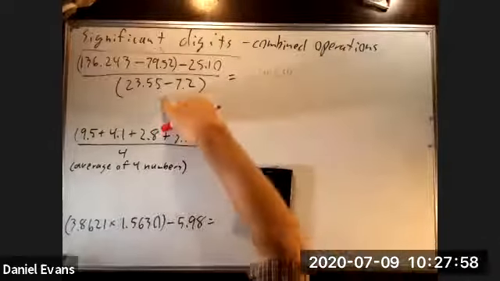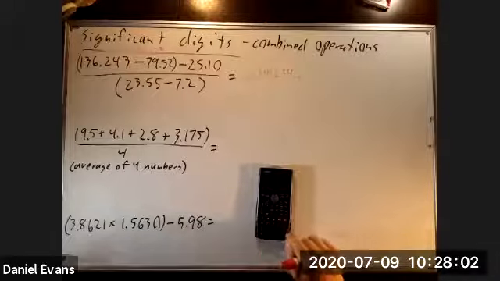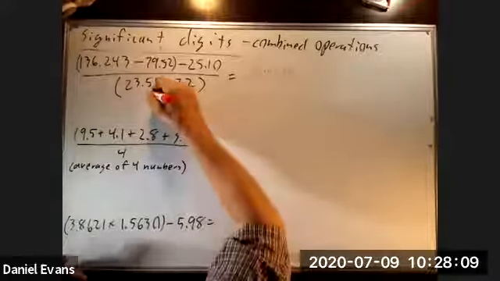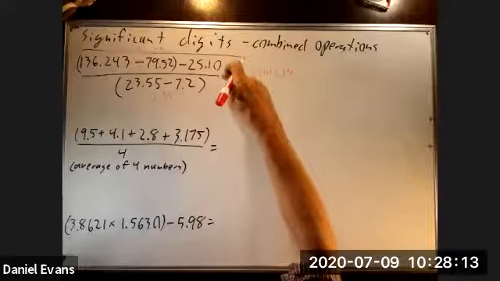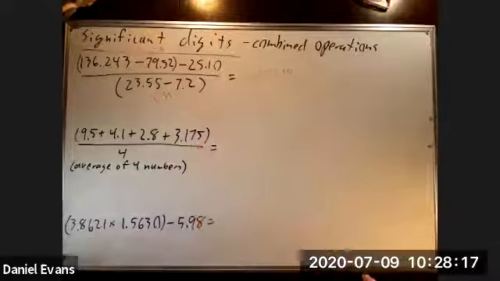But I need to check this number down here. So we have 23.55 minus 7.2 equals 16.35. So between the addition, subtraction, and the multiplication and division, we have to check our intermediate answers to figure out what we're allowed to keep.